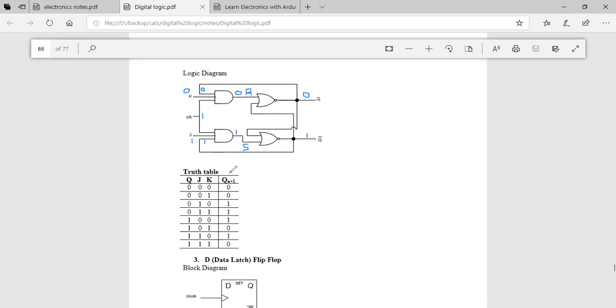So let's look at the next one, where K is 1 again. So K changes to 1 once more. And 0 and 1 and 1. 0.